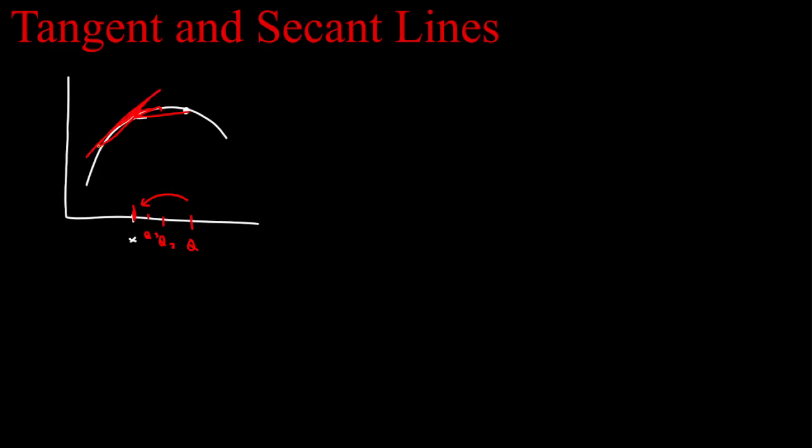We see how it's tangent to the curve, and it becomes the tangent line. So see how as we kept bringing Q closer and closer to X, we approached the tangent line.